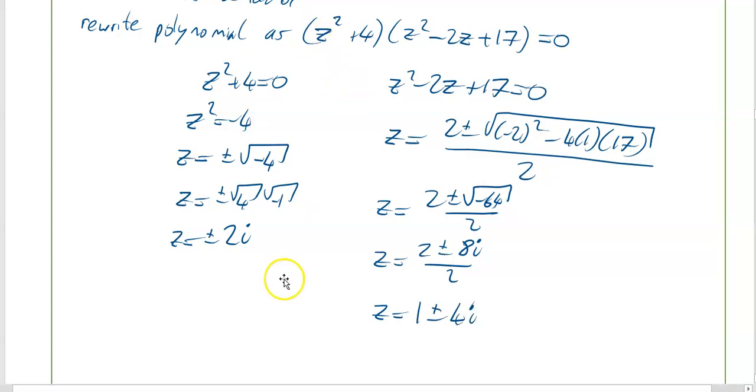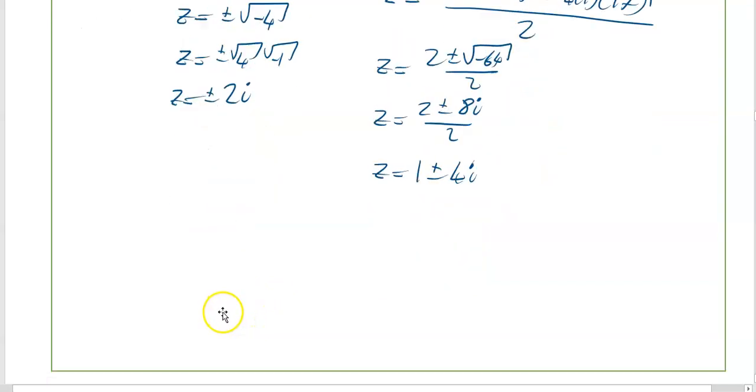Okay, just to have a wee look. One of my complex numbers, one of my roots is 1 plus 4i, the other one is 1 minus 4i, so it occurs in complex pairs. And this one, I suppose you could say 0 plus 2i and 0 minus 2i, so again, it occurs in complex pairs. So we have a quartic, and the roots have been 2 sets of complex conjugate pairs.